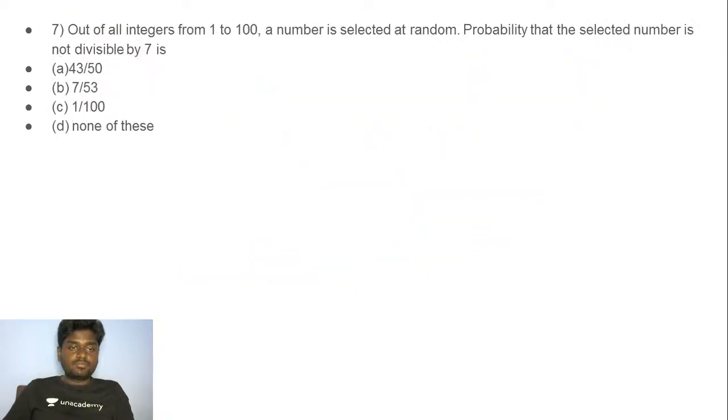Next question for you. Out of all integers from 1 to 100, a number is selected at random. What is the probability that the selected number is not divisible by 7? So what you can simply do is try to find the numbers which are divisible by 7.